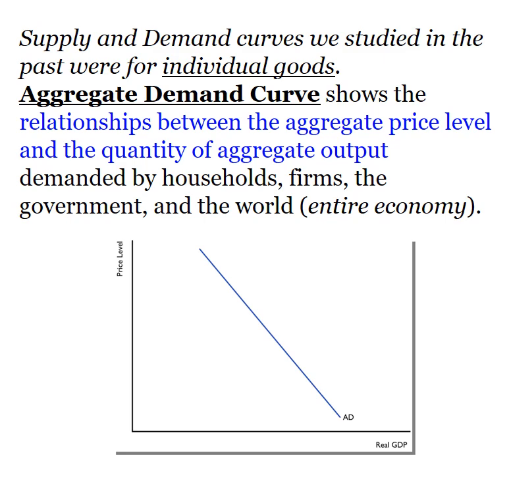So we're looking at how all households, firms, government buyers and international buyers are all purchasing goods in the economy. So as the price level falls, as things get cheaper, the overall quantity demanded will increase. So the same things apply that as price goes down, demand goes up. There's that same inverse relationship before, but this is for all quantities of all goods from the perspective of all buyers or consumers.